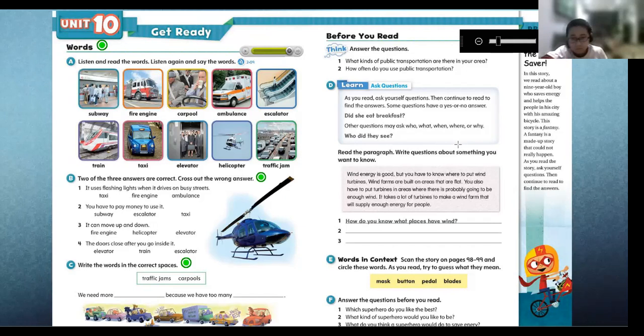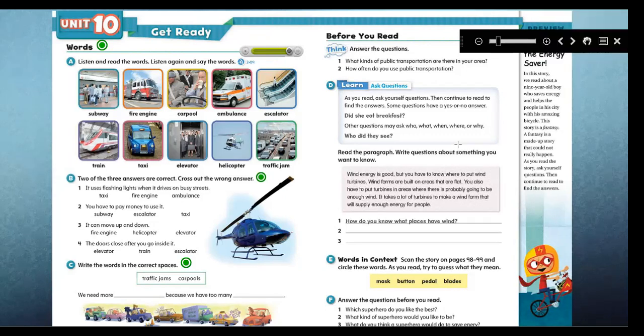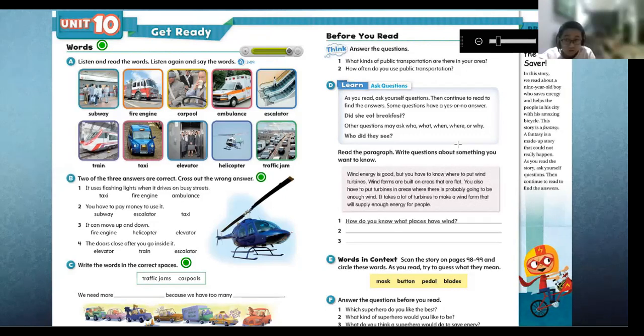For example, what did you eat? Or when are you going to school? There are also some questions that cannot be answered by yes or no. Is it clear? Yes, it is.